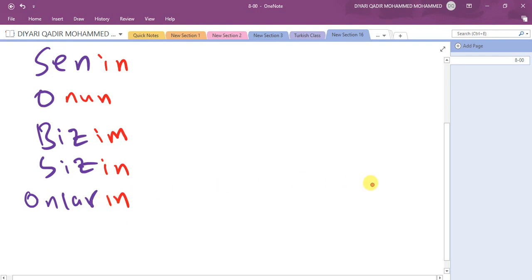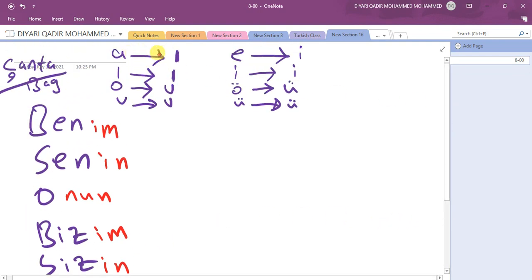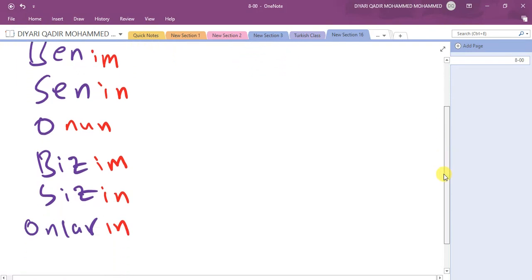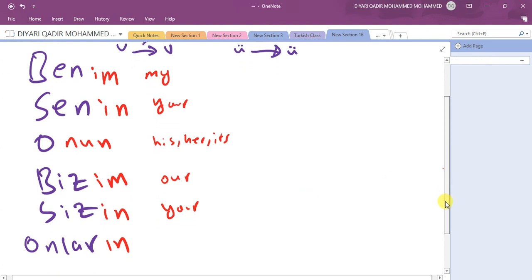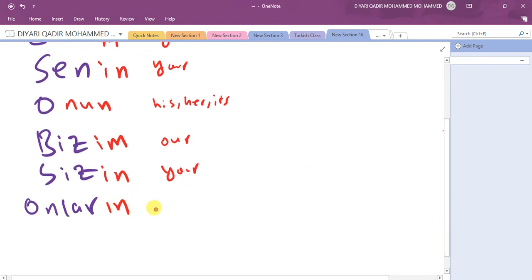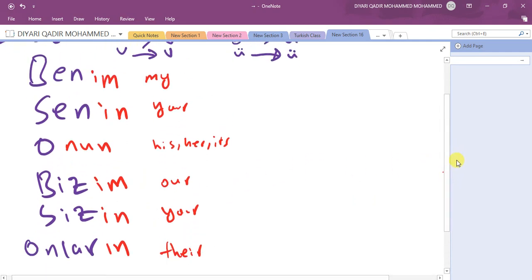This A is converted to I. Onların means their. This means my. This means your, singular. O, it means his, her, its. Bizim, it means our. Sizin, it means your. Onların, it means their.